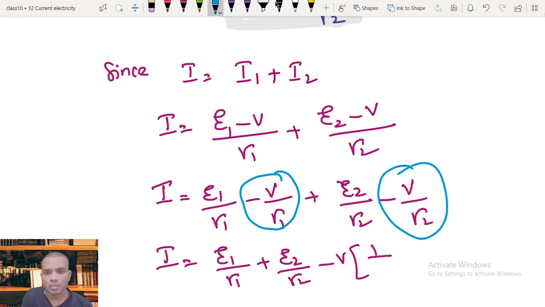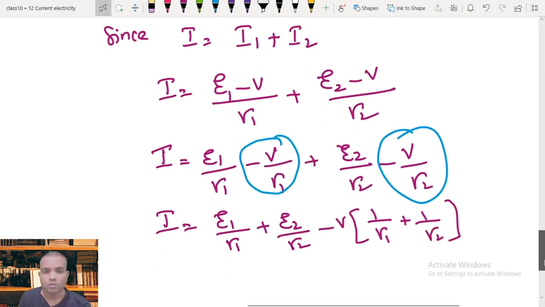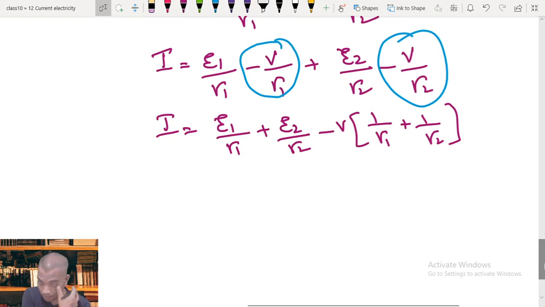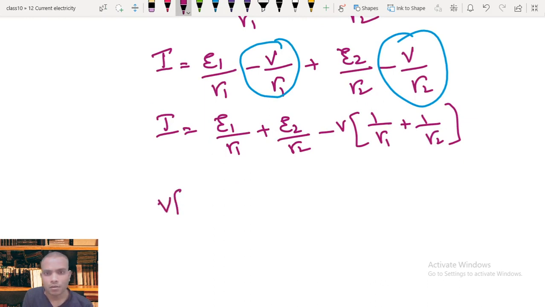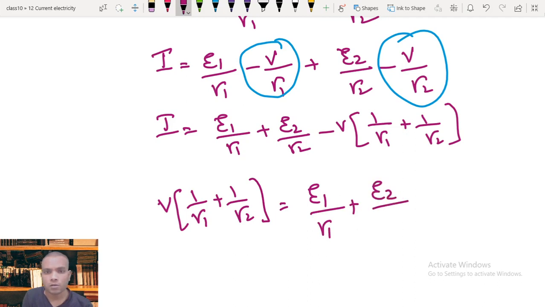In these two terms V is the common factor, so we take minus V as common, and in the bracket we get 1 upon R1 plus 1 upon R2. Our task is to find the potential V, so we can exchange the terms. I bring this term to this side: V of 1 upon R1 plus 1 upon R2 equals E1 upon R1 plus E2 upon R2 minus I.